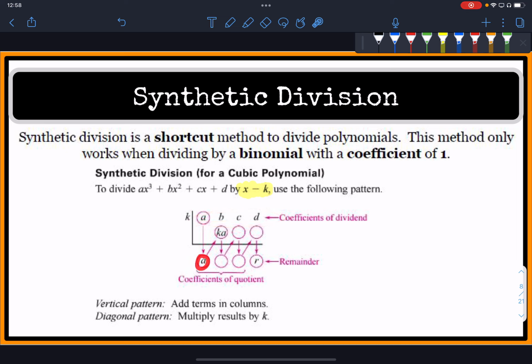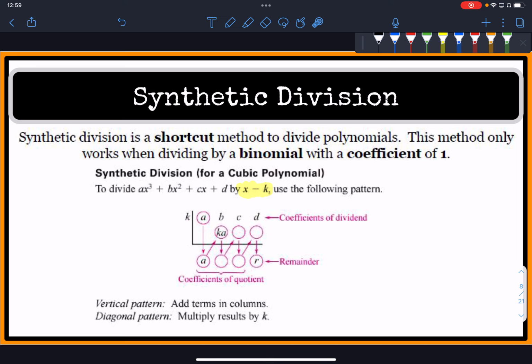So I then multiply and then add, multiply this answer with k, and then add these 2 values, multiply this answer with k, and then add these 2 values, till I get to the very end, where the numbers I get here are the coefficients of my quotient, and the last number here is going to be my remainder.